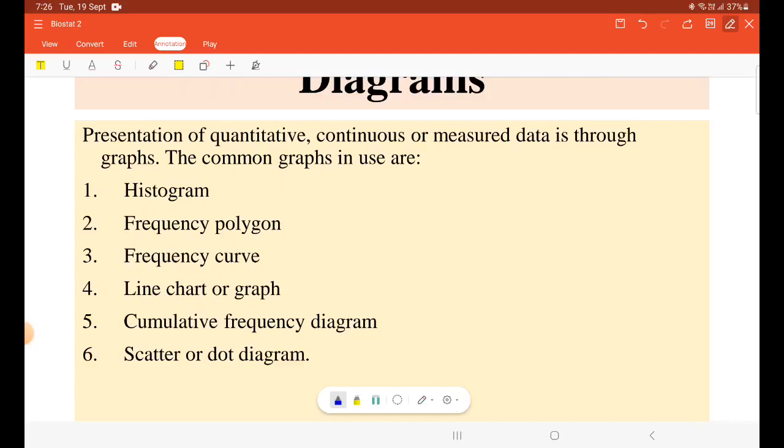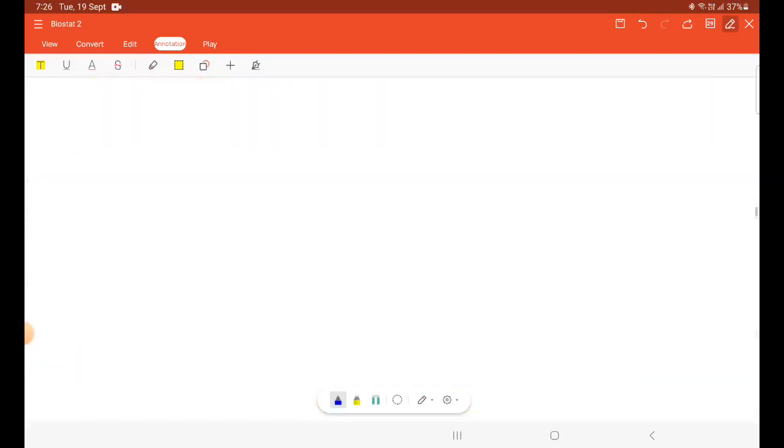And also those who are doing undergraduate study, you will be asked in a statistical class and exam to draw a histogram or a particular type of graph out of a given data. So we shall understand various types of graphs which are used for presentation of the quantitative data. I have named a few here.